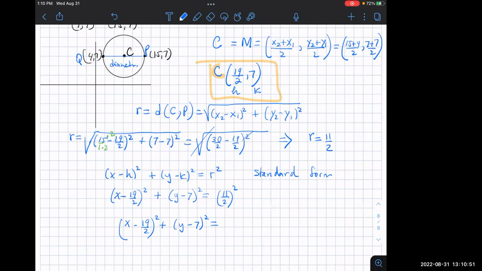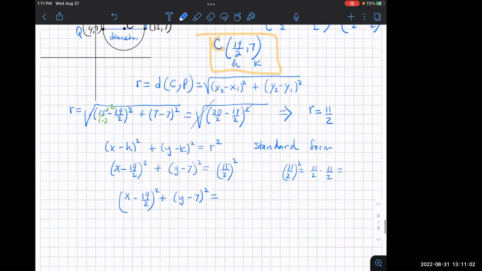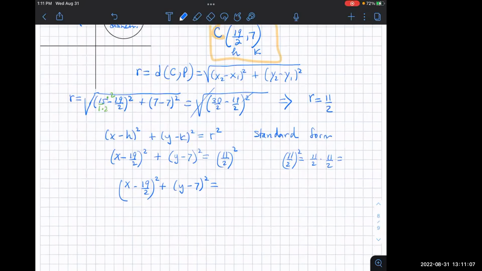No, just leave it as a fraction. Okay, so it's 11 over 2 times 11 over 2. 22 over 4. Oh no, 11 times 11, not 22. I'm tripping. But the good thing is you caught your mistake. So it's 121 over 4. Yes.